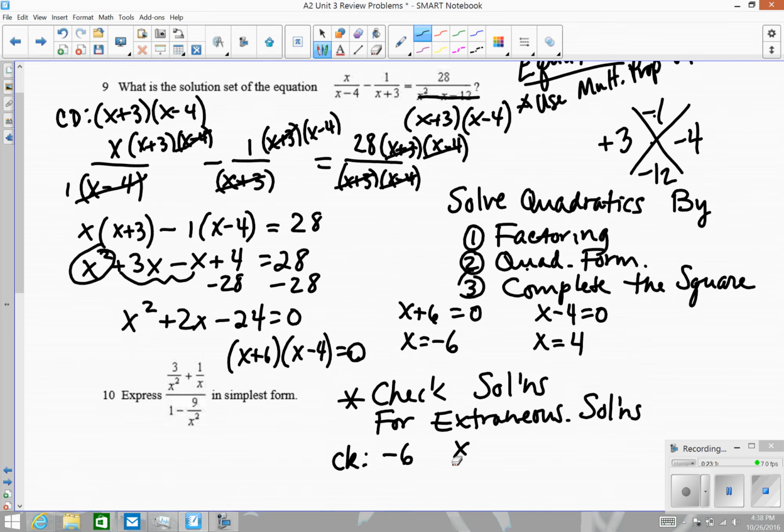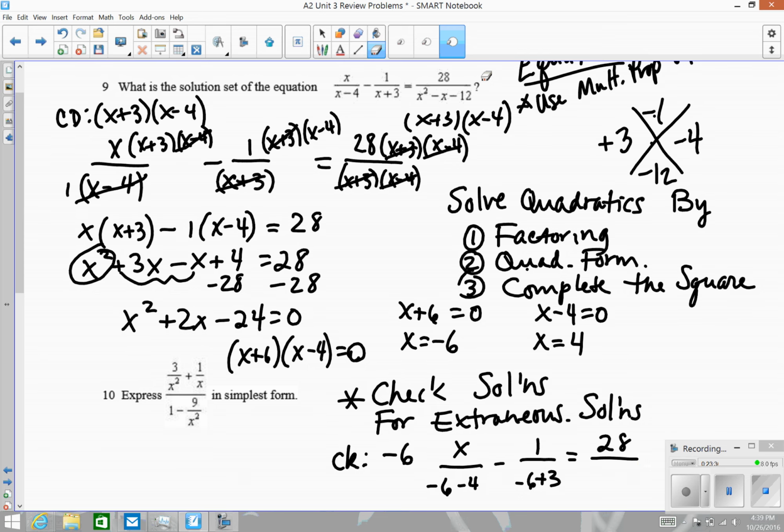So that means I would have x over negative 6 minus 4 minus 1 over negative 6 plus 3 equaling 28 over negative 6 squared minus a negative 6 minus 12. And I'm going to leave you to do the math on that, but this does check out to work. So I know one of my solutions at least is going to be a negative 6.